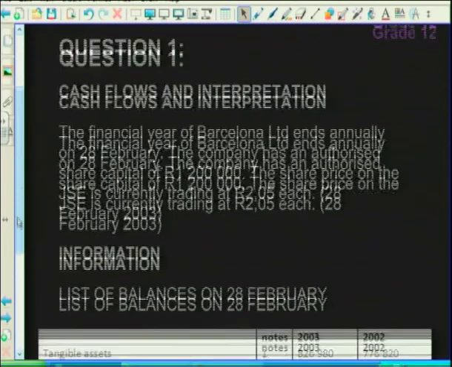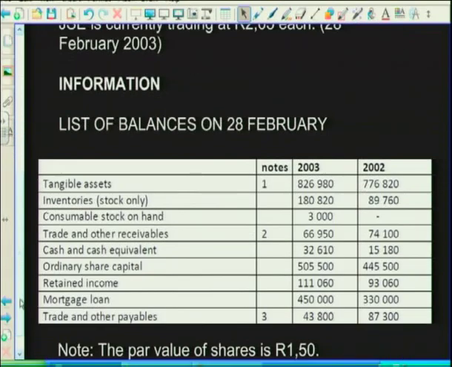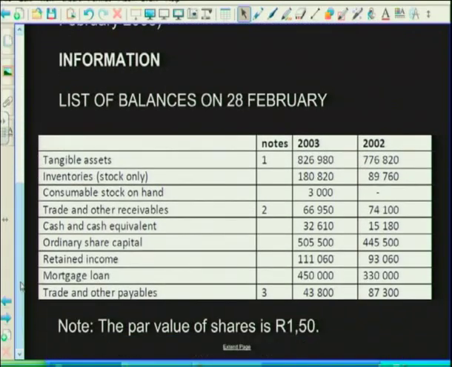Then we are given our list of balances on the 28th of February. In other words, list of balances coming from your balance sheet. Remember guys, if we're preparing a cash flow statement, we need to have the income statement for the current year and then some information from the balance sheet of the previous year as well as the current year.